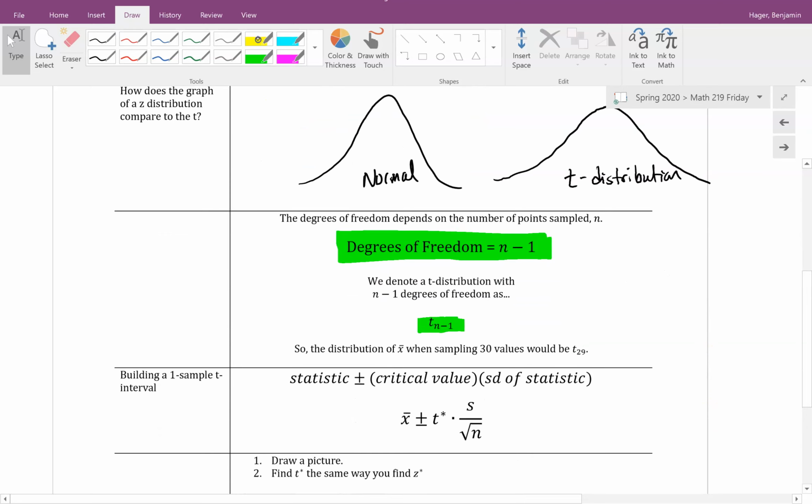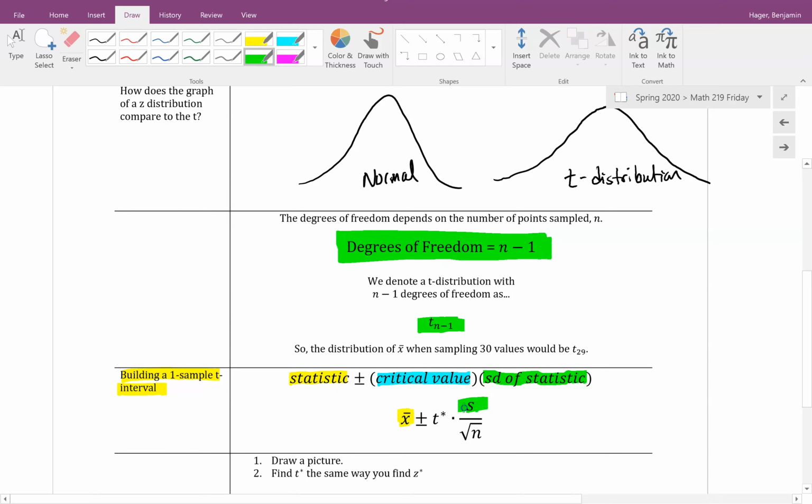So if we want to build a one sample t interval, what we did earlier was a one sample z interval, but if you want to do a one sample t interval, the confidence interval is exactly the same format. You take your point estimator, and then you add and subtract your critical value times the standard deviation of that particular point estimator.